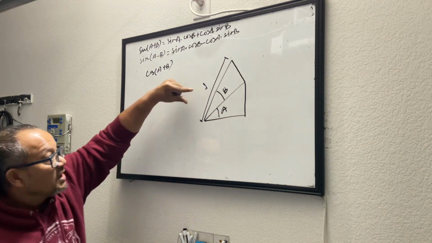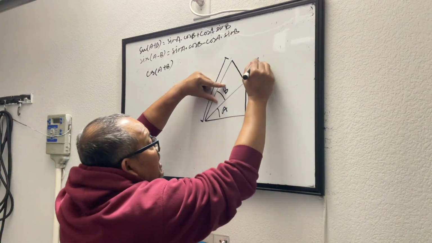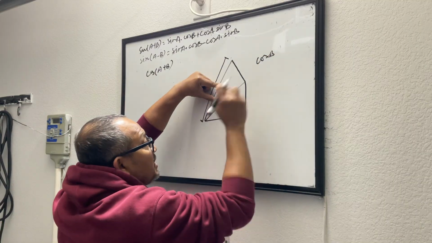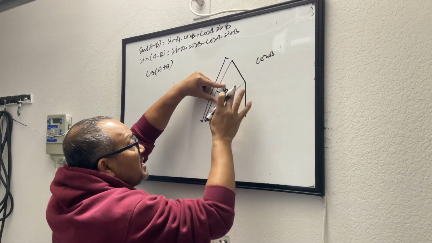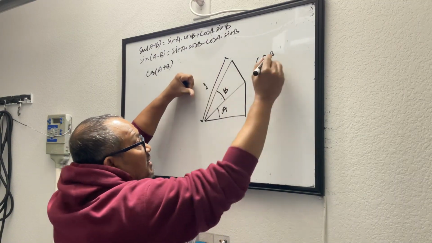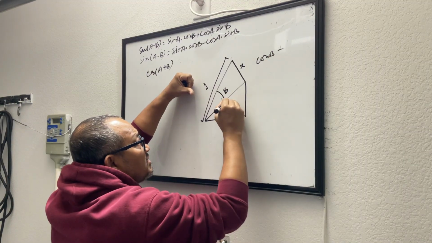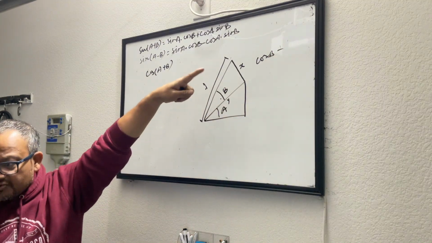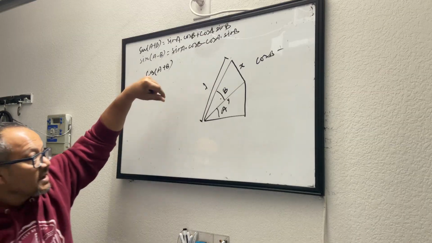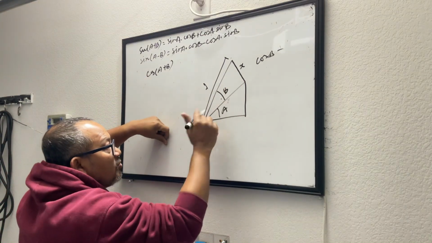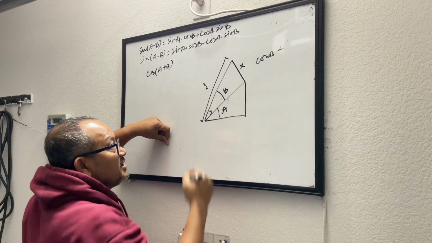Now if this is 1, if I am looking at this B, cos of B would be this side by 1. So let's say this is X and this is Y. I will not use the same name so that way it doesn't get confusing. I will write Y here and X here.